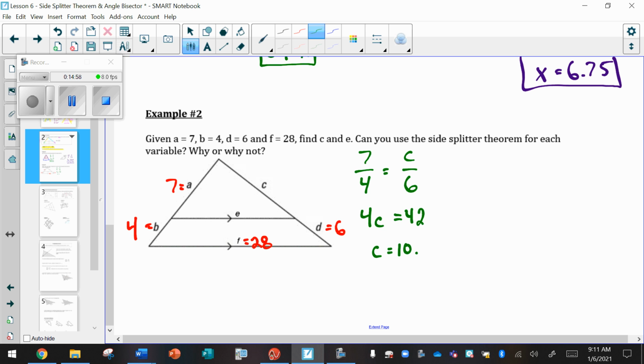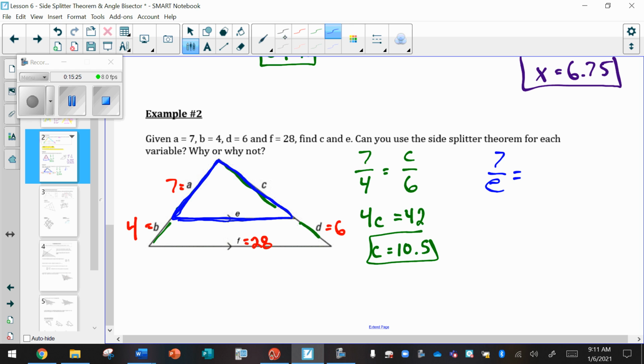I can use the side splitter theorem there because I am dealing with the partial split sides, the parts of the split sides. In order to find the bases, I have to use the full big triangle length. So I'm going to use the full length of 7 on the left over E along the bottom.